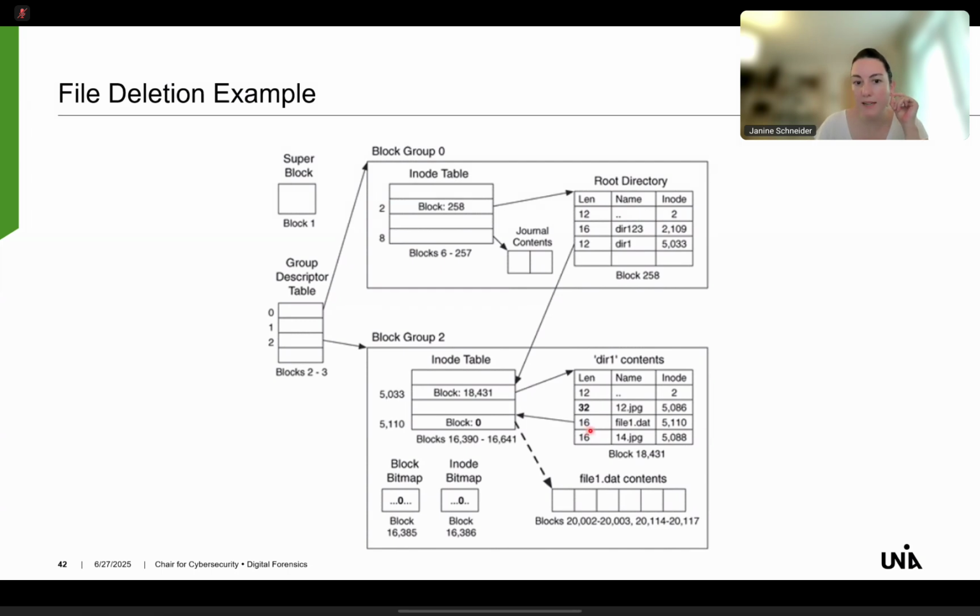Yeah, then the inode has to be processed. The block references are zeroed in the inode. The file content is still there, so we can still carve it, but all the block references are deleted or zeroed out. We again update the block bitmap, the inode bitmap, the group descriptor table, and the superblock.